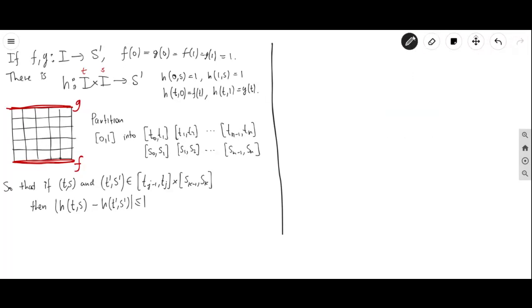So the idea is we're going to take two adjacent rows. Let's take the row that's right above this one.